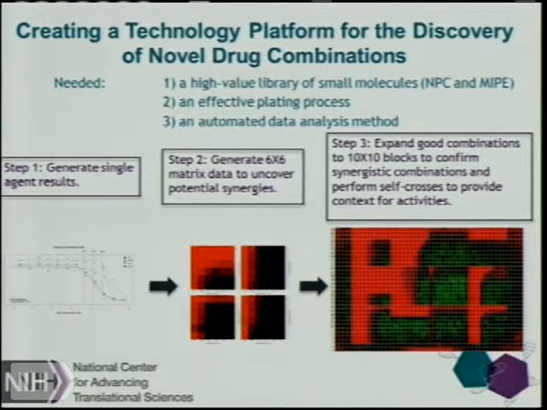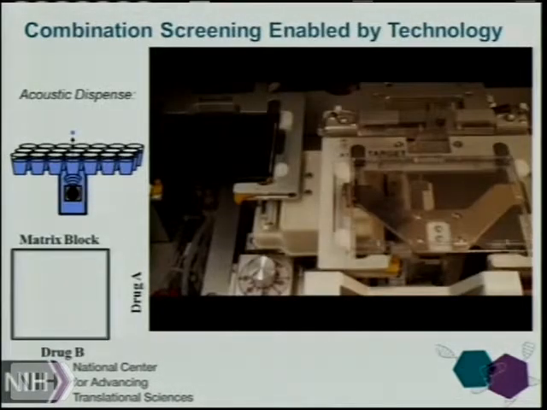So we start these by screening combinations of two agents, both dosed in a certain range, applying acoustic dispense technology, which I will show you in a moment. And we follow these screens by running the hits that are most synergistic as 11 by 11 or 12 by 12 concentration matrices, really obtaining high resolution information on potential synergism.